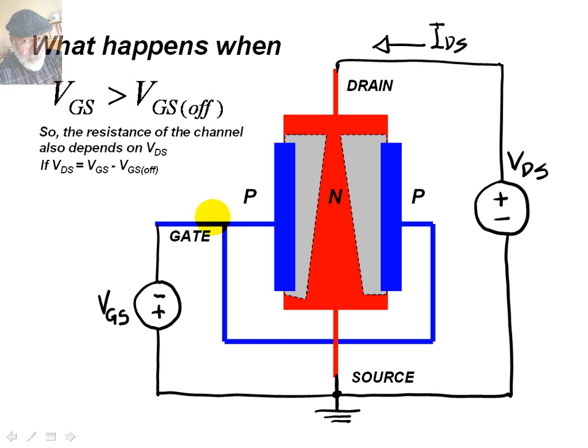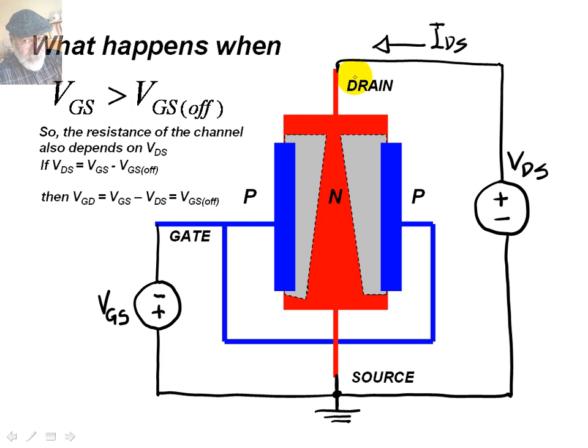Let's compute the voltage VGD, how much higher the gate is than the drain. We use KVL. To find how much higher the gate is than the drain, let's find how much higher the gate is than the source, VGS, and how much higher the drain is than the source, VDS. VGS minus VDS should be VGD, how much higher the gate is than the drain.